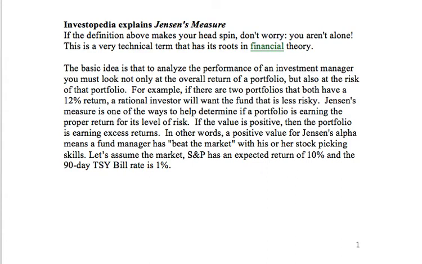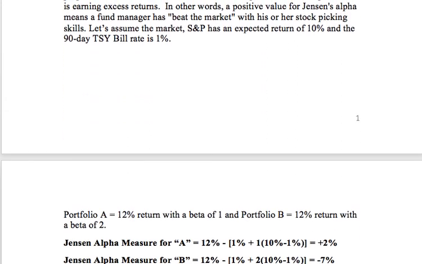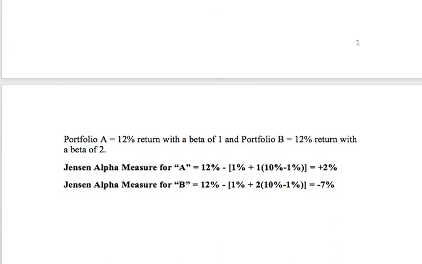So let's look at the situation here. You can see I have portfolio A, 12%, beta of 1. So we can say portfolio A is kind of a mirror image of the market, the S&P, the Dow, or the NASDAQ. And portfolio B, of course, 12%, and it has a beta of 2, twice as volatile as the market.